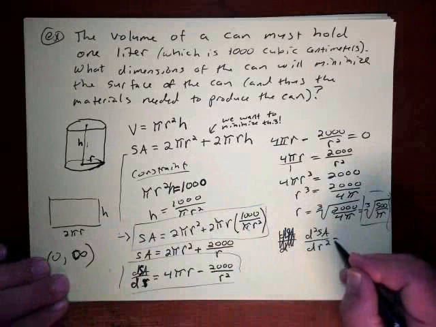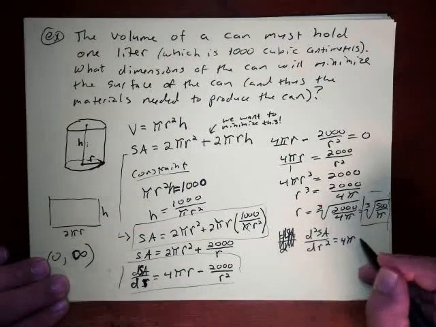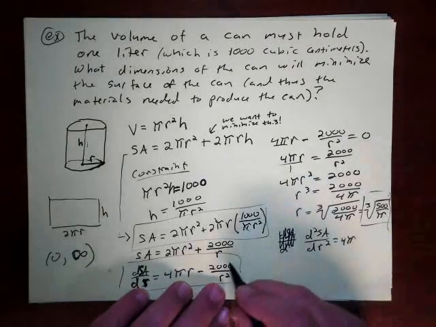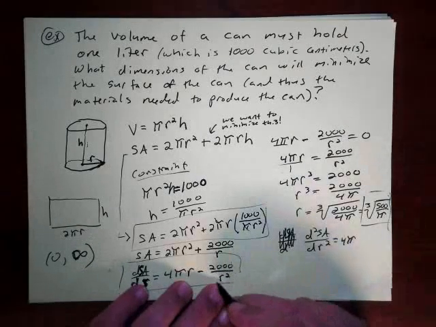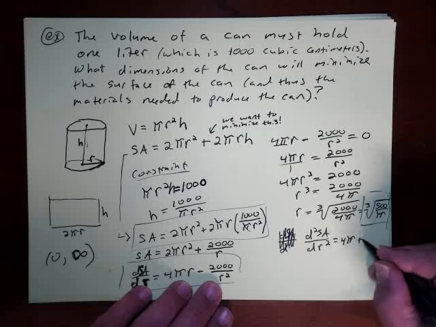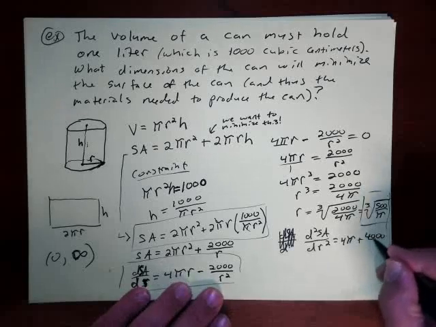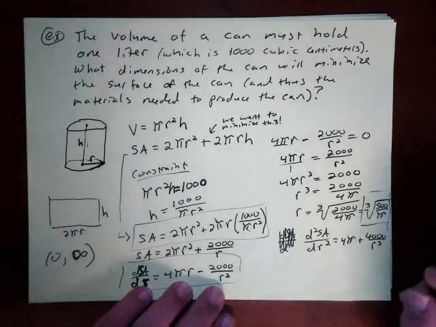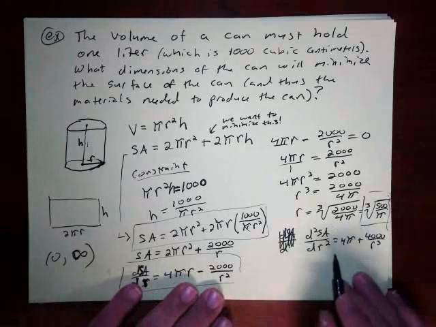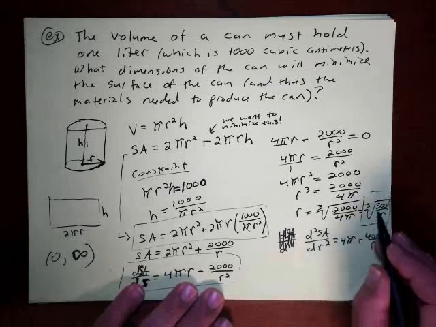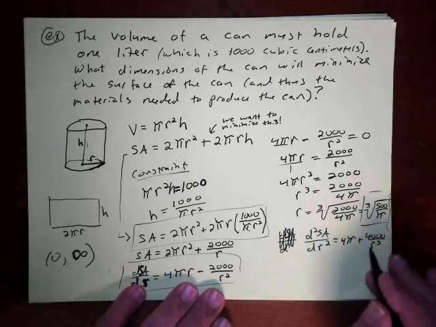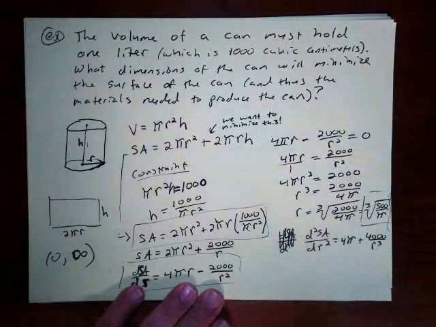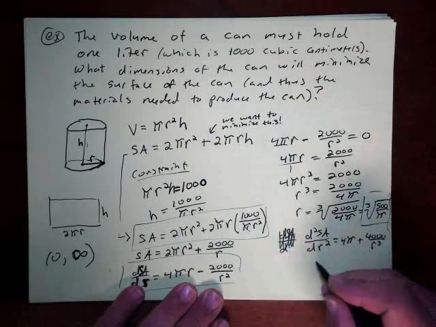And the second derivative here would be 4 pi, and the r would just go away. And then this negative 2 would go down and make that positive. So this would be plus 4,000 over r cubed. Okay, so you would get this, and notice this is going to be positive, so if you put a positive number in for r, this whole thing is going to be positive.